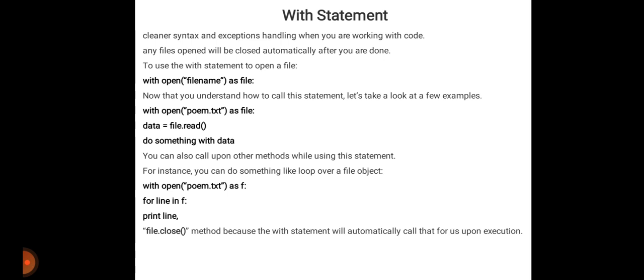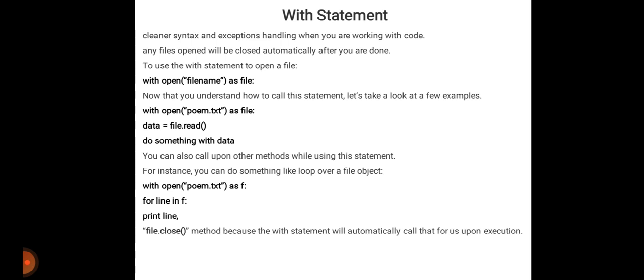That explains why it's good practice to use the with statement where it is applicable. One bonus of using this method is that any files opened will be closed automatically after your work is done. This leaves less worry about closing during cleanup.